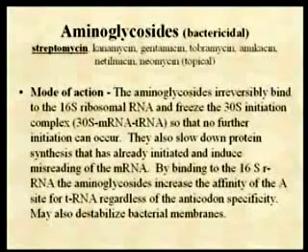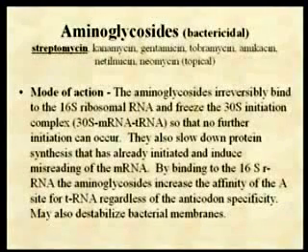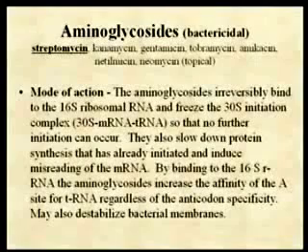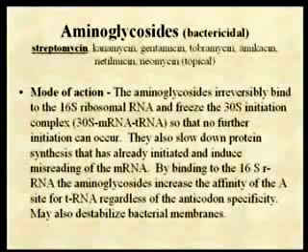The way they do this is they bind to the 16S ribosomal RNA that is a component of that 30S ribosomal subunit. They increase the affinity of the A site for tRNA, regardless of what the codon-anticodon involved. Okay, so you'll have a codon for one amino acid, but because there's a higher affinity for tRNA, any old tRNA can go in and insert into that A site. And that's why they cause this misreading, all right?